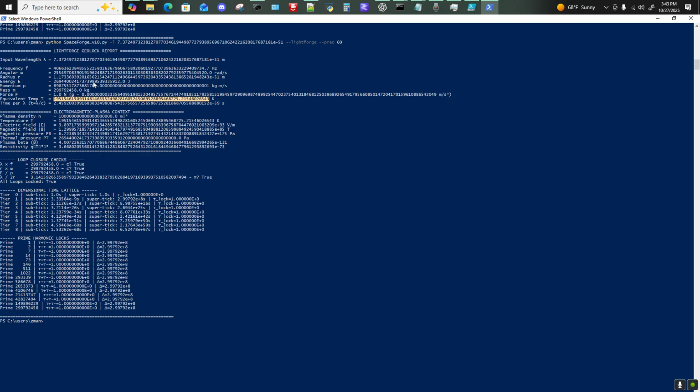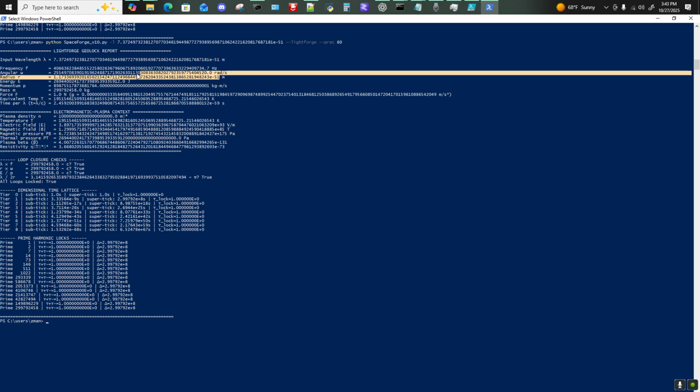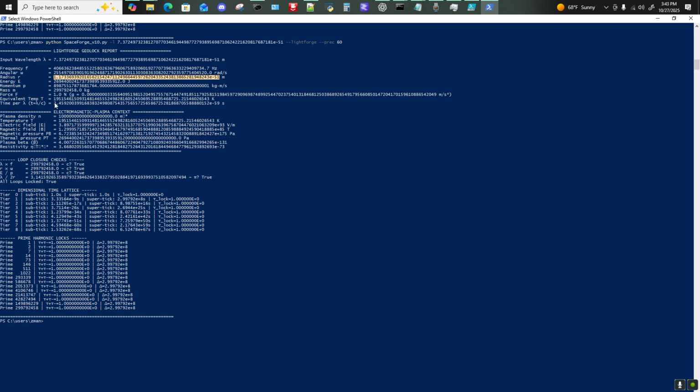So somehow, radius turns into temperature. And look at the difference between radius and temperature. Radius is at a negative 51 decimal place, and temperature is at a precise decimal value that is far larger. Like, this is a huge number compared to what it was up here.